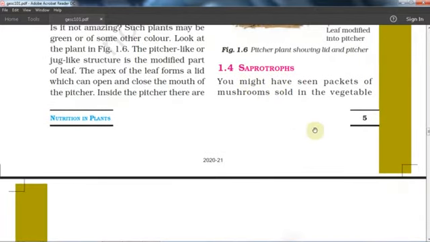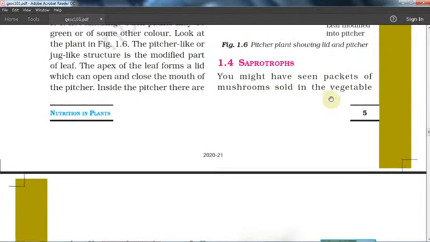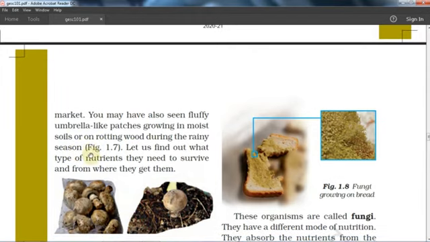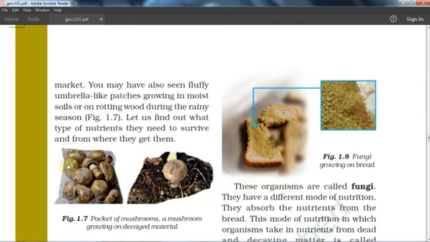You might have seen packets of mushrooms sold in the vegetable market. Have you seen? You have eaten, I know that. You may have also seen fluffy umbrella-like patches growing in moist soil or on rotten wood during the rainy season. What are they?